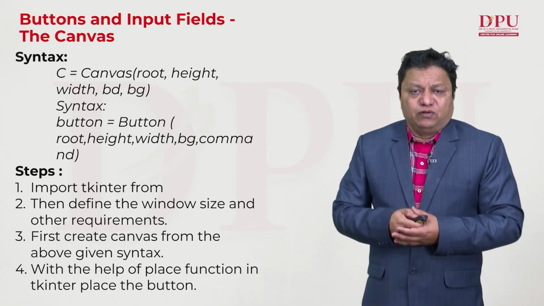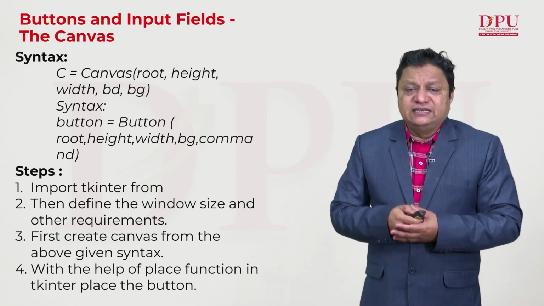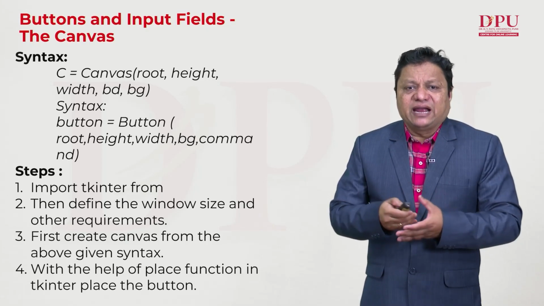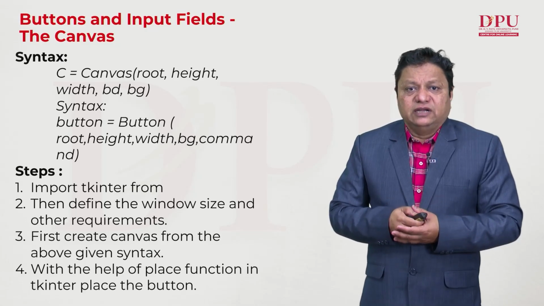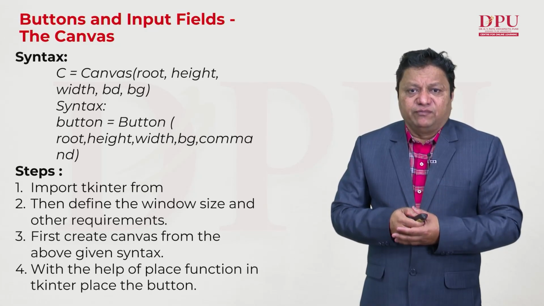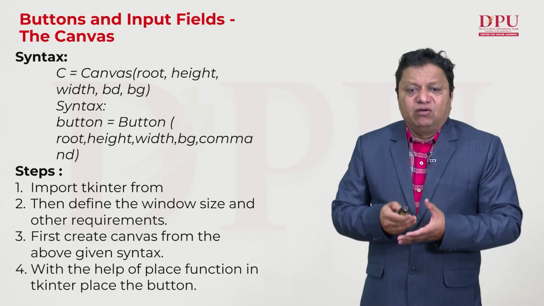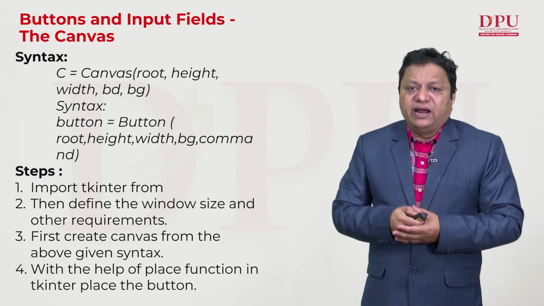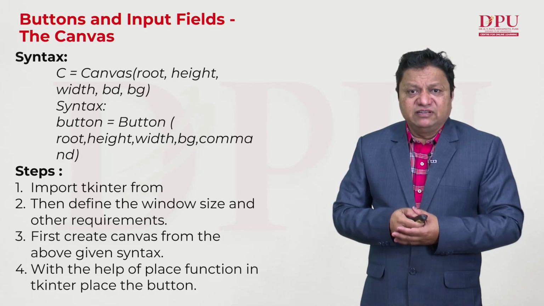With the use of the following syntax: button, that is the name of the button, is equal to Button, which is the name of the function. In the brackets, I need to provide attributes such as root, that is the reference of my window. I have to specify the height, width, the background color and the command as well. So, here I have created the object of canvas and the object of button.